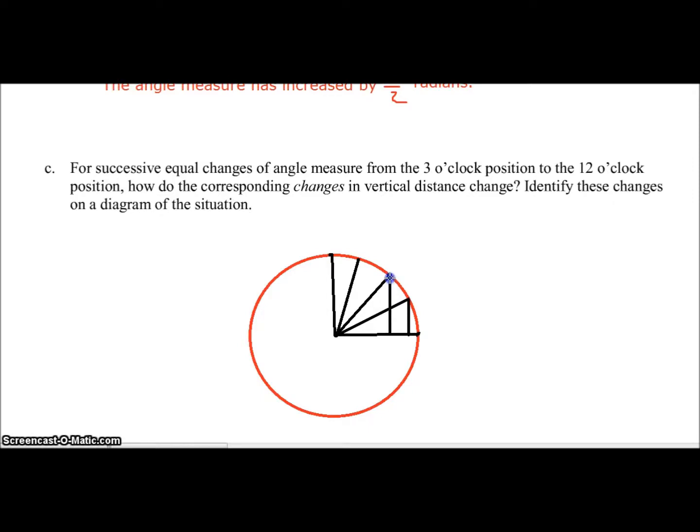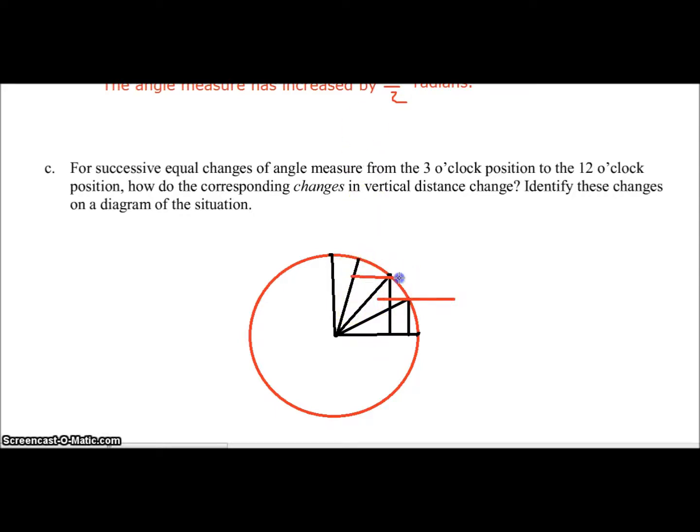So this isn't really the change, this piece right here. The change would be what would happen when we're starting from this point right here, and then what's the vertical distance up? You see, it's really this piece right here that we're interested in.